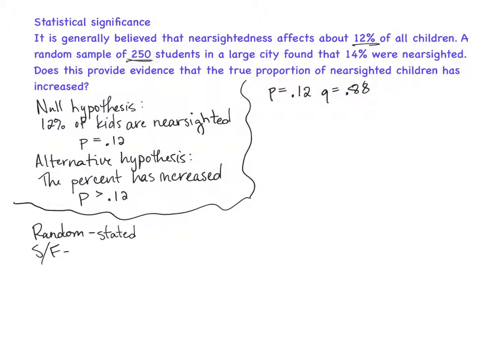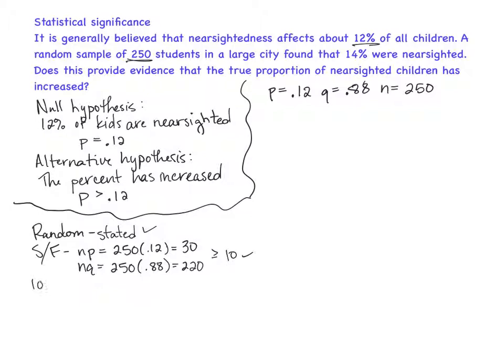This time our sample size is 250. So success failure, NP, equals 250 times 0.12, which is 30. And NQ is 250 times 0.88, 220. Those are both greater than or equal to 10, so we're good to go there.